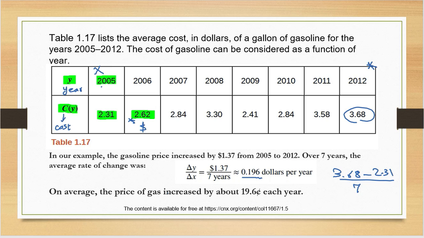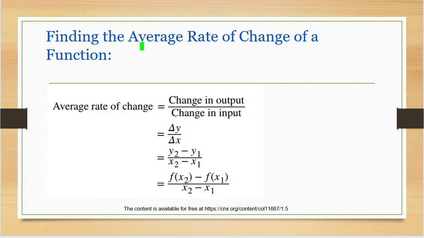So on average the price of gasoline increased $0.196 each year. Average rate of change, we find change in output over change in input.